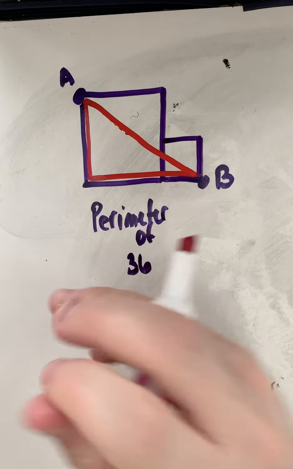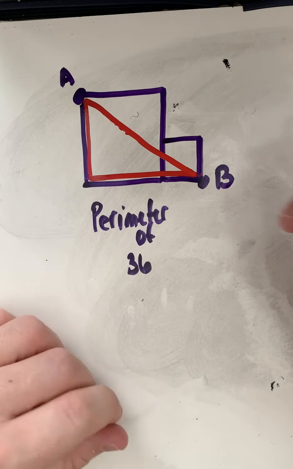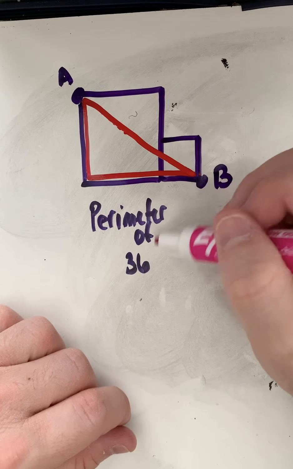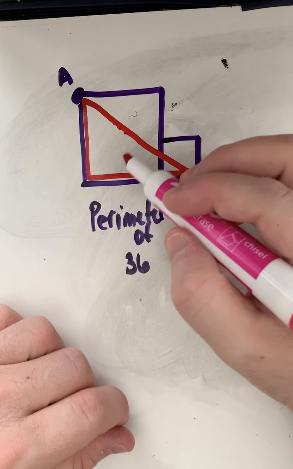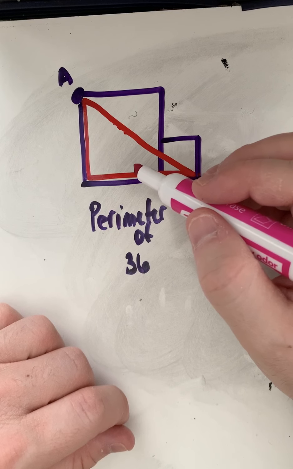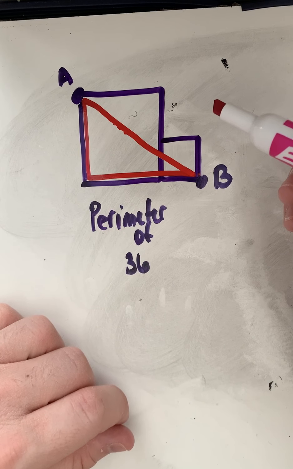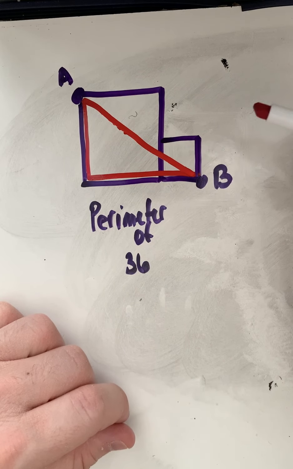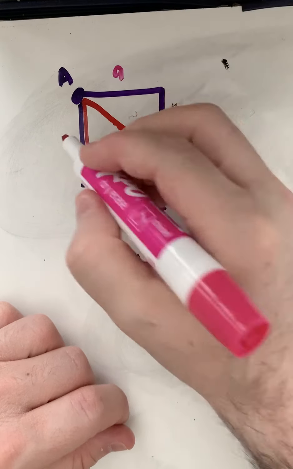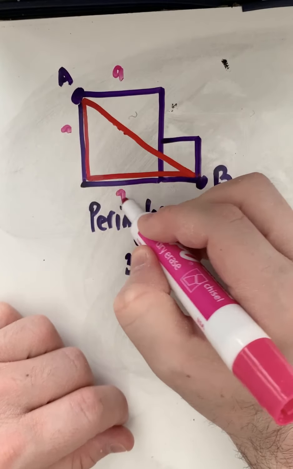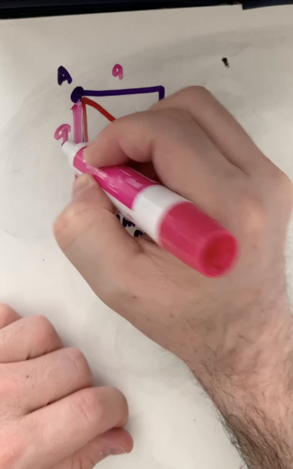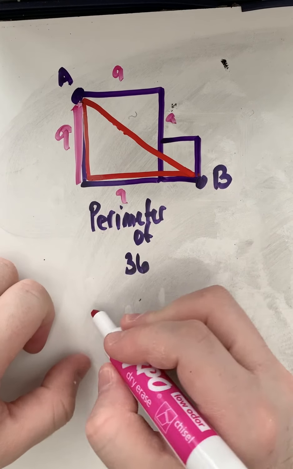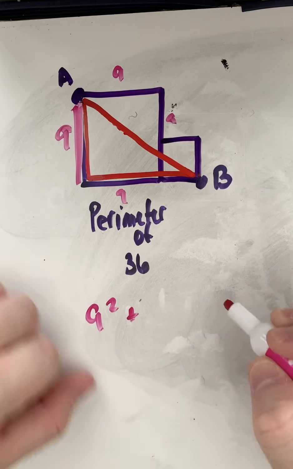2L plus 2W, so 2 length plus 2 height. I look at 36, and to figure out the side, I have to divide it by 4. So 36 divided by 4 is, anybody? It's 9, right? So I know this is 9, this is 9, this is 9, and this is 9. So I know that my height is now going to be 9. So I'm going to add that here, 9 squared plus.